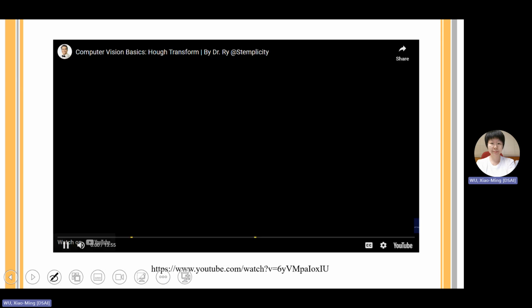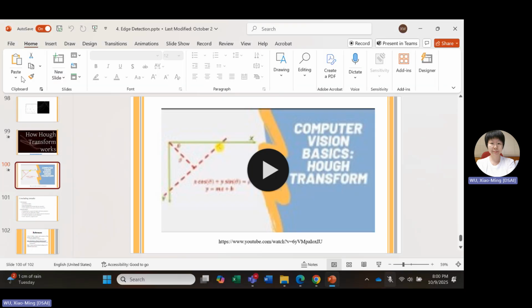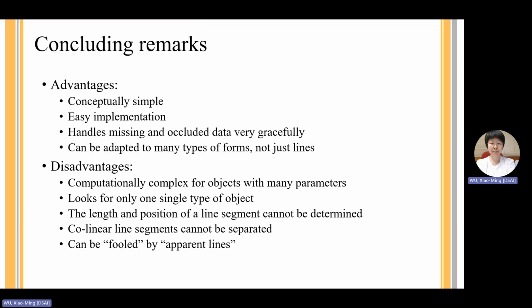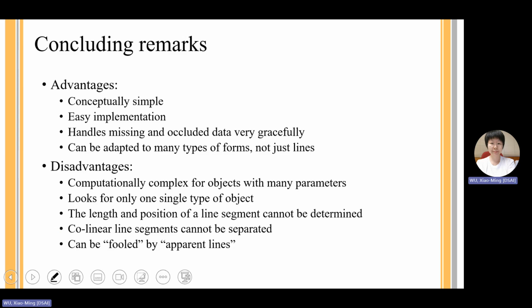The Hough transform is not easy to comprehend, but it's quite elegant and conceptually simple. It's an elegant approach to handle missing and occluded data very well.